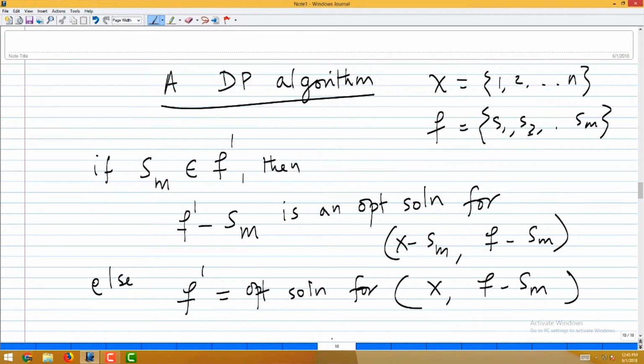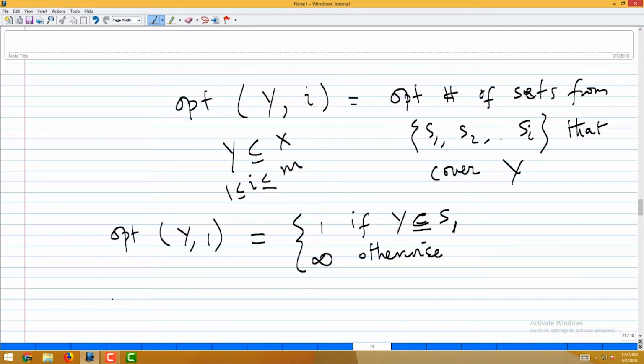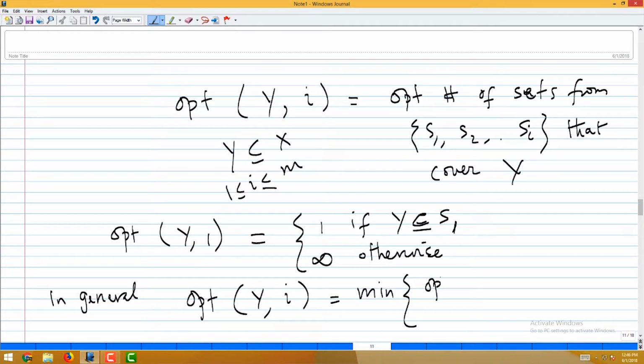Now, when I go to 2, I have this thing which tells you, right. So, in general, I want to cover my set Y with the first i sets. This is equal to the minimum of: see if you can cover it with the first i minus 1 sets. You already computed this, because we have computed the smaller ones.